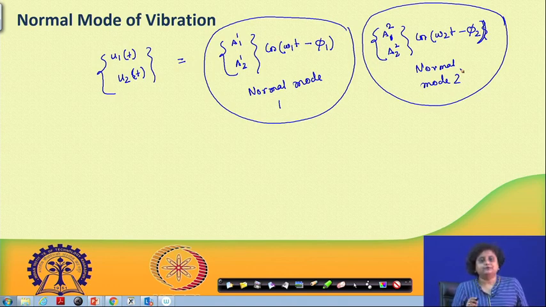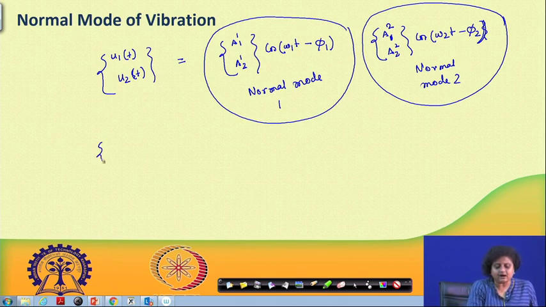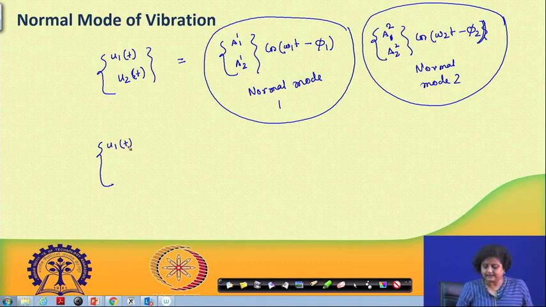Now comes the physical significance of normal mode of vibration.